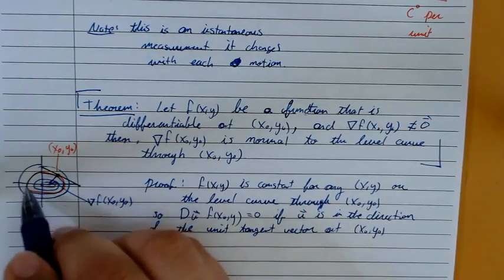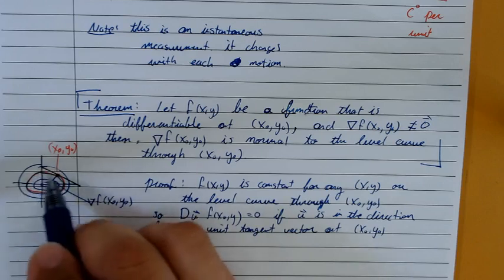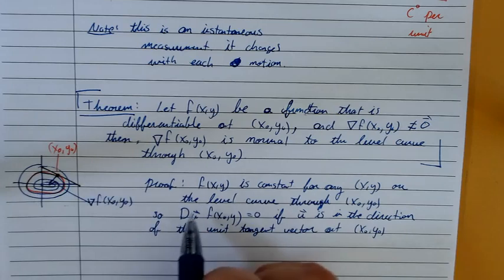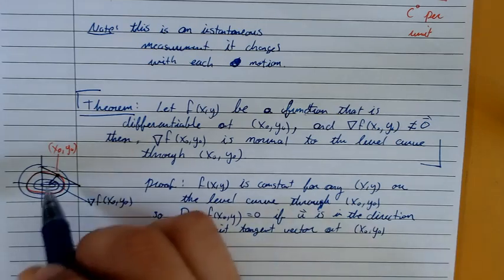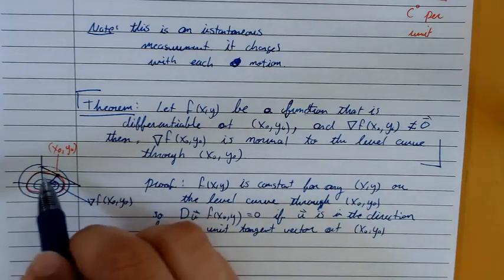Okay, so all of the points on this curve are a constant, which means if I'm moving along this curve, the derivative is 0. It's not going up or down, it's 0. Everything's constant. The derivative of a constant is 0.